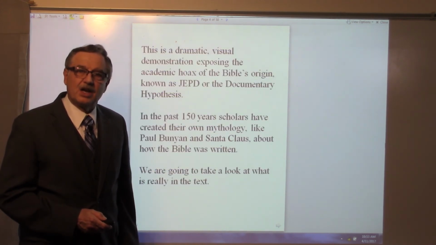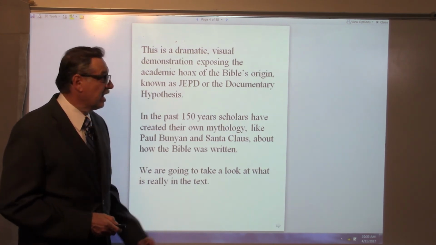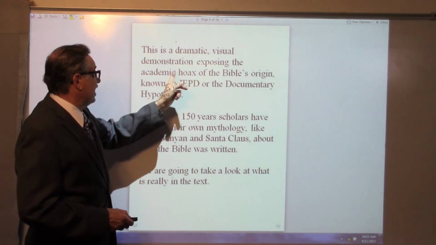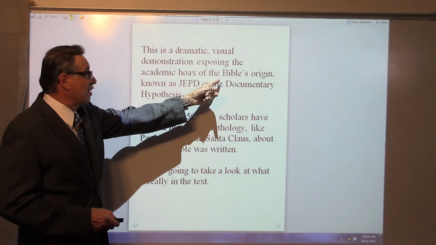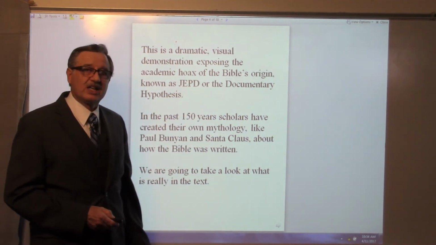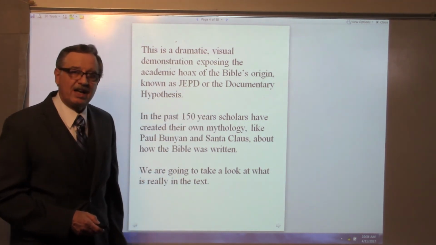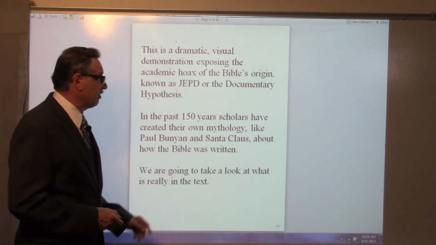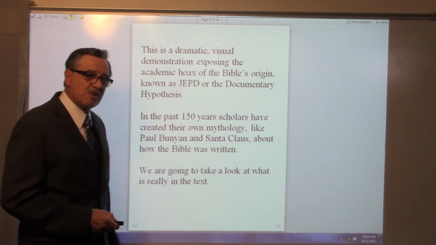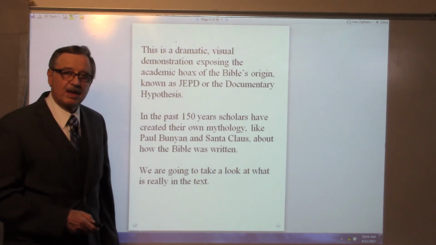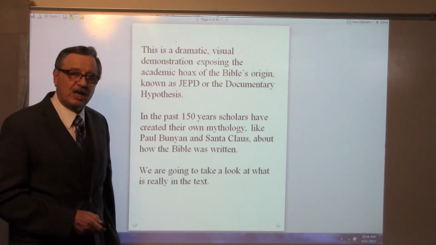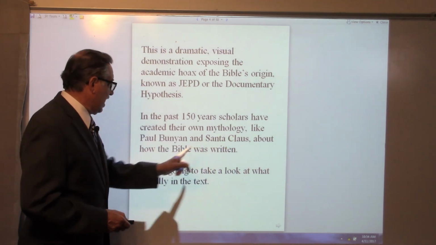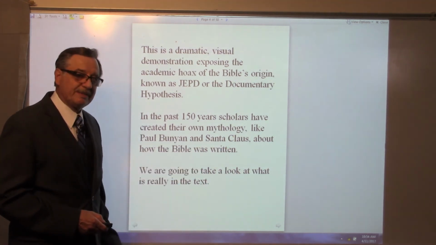This is a dramatic visual demonstration exposing the academic hoax of the Bible's origin known as JEPD, or the documentary hypothesis. In the past 150 years, scholars have created their own mythology, like Paul Bunyan or Santa Claus, about how the Bible was written.